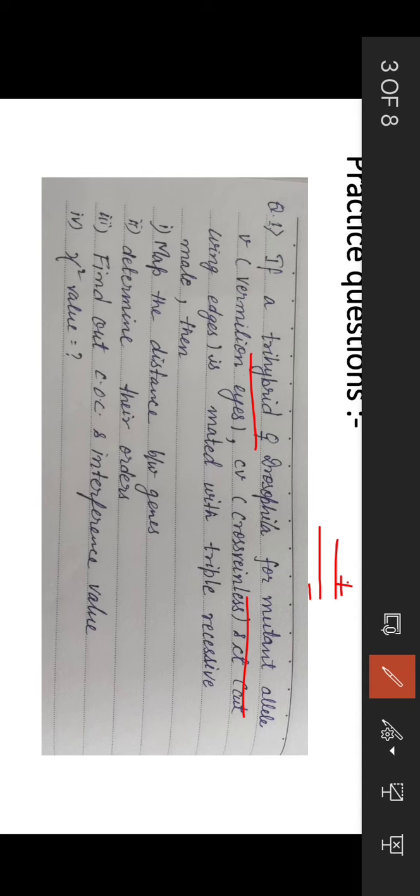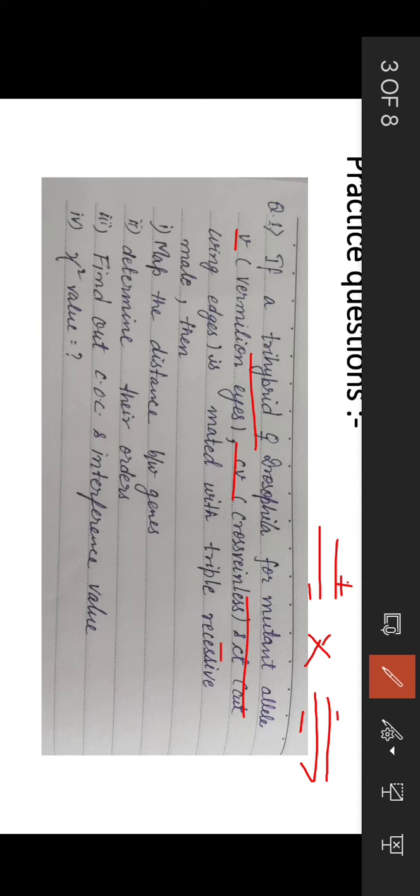This is the genetic constitution for that, and it is going to mate with the triple recessive male. The male is having recessive genes. All these 3 genes are in recessive form in the male, like vermilion eyes, cross veinless, and cut wing edges are in recessive form.